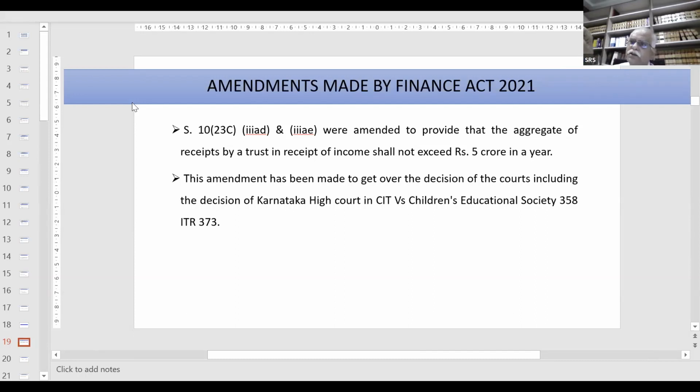It is now made clear that the limit is not with reference to the institution. Since they are clubbing, aggregating all the institutions together, they have increased the limit from 1 crore to 5 crore. So this is an amendment which is made in Finance Act 2021. Let's see what are the issues arising out of this. Next slide, please. Yeah.